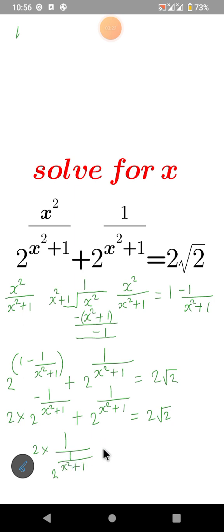Then this is my plus sign. Then I write it again, 2 raised to the power of 1 all over x squared plus 1. Then all will be equal to 2 root 2. Then let's continue.